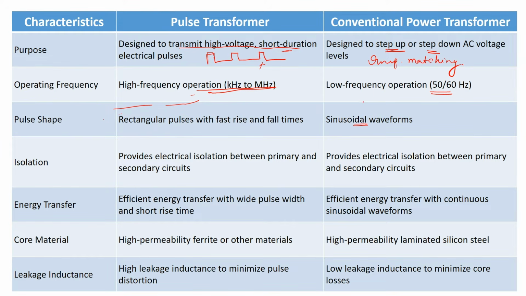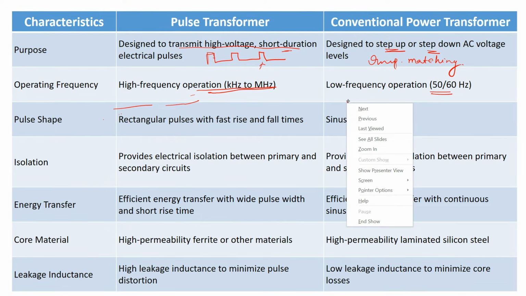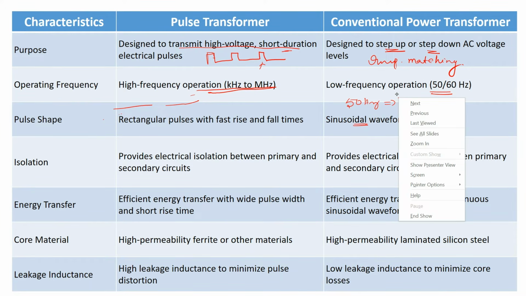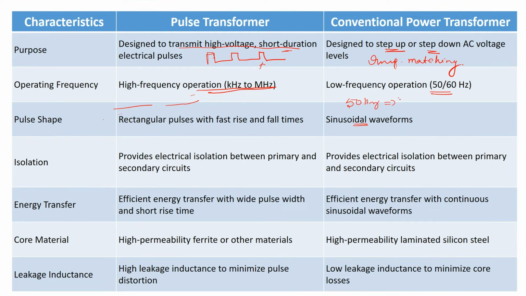Remember that all our households use AC current, the 50 hertz supply. This is stepped down by transformer circuits. You can see these transformers at the street ends. All these are conventional transformers, working with 50 to 60 hertz sinusoidal waveforms.